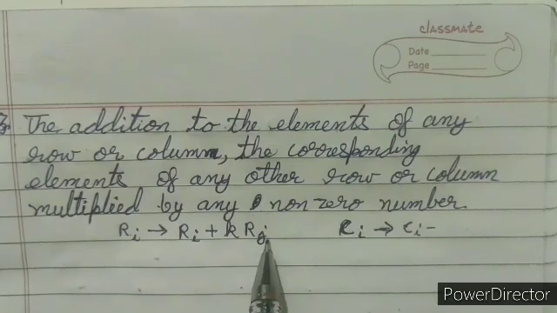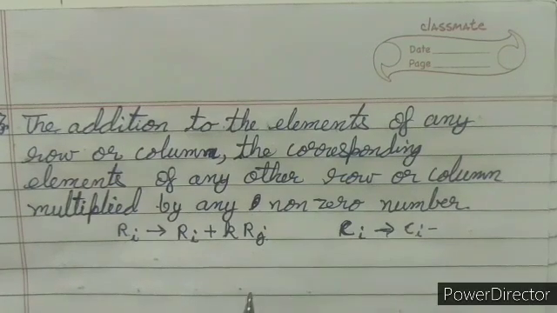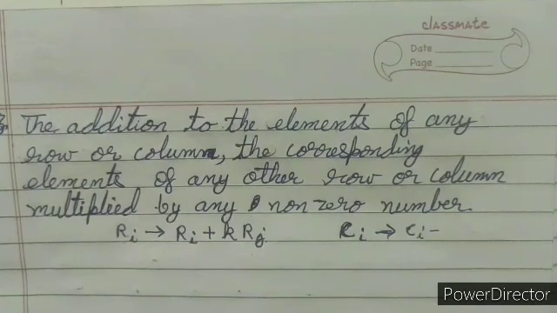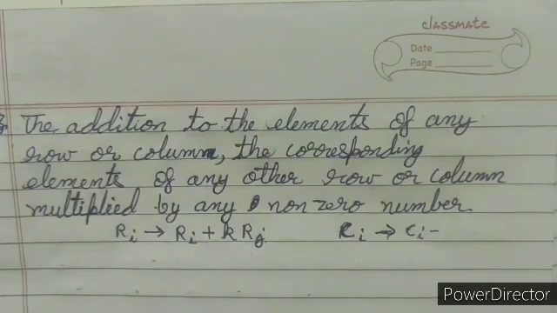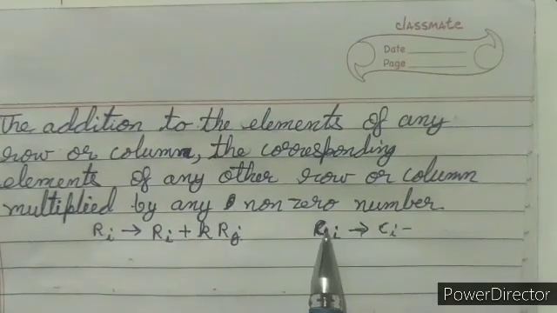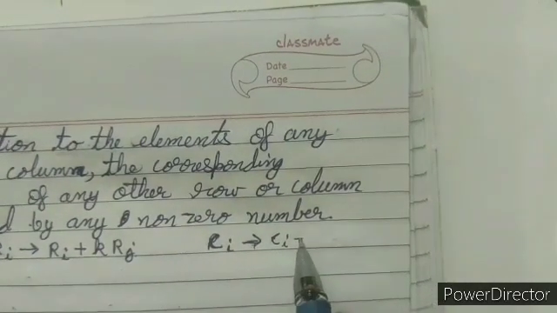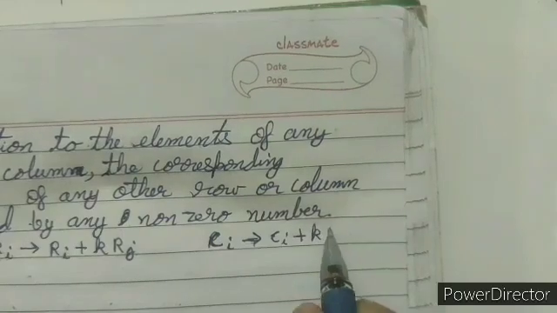Similarly, if we are changing the ith column of a matrix by adding to it the corresponding elements of the jth column multiplied by a non-zero number, then it is represented by Ci changed to Ci plus k into Cj.